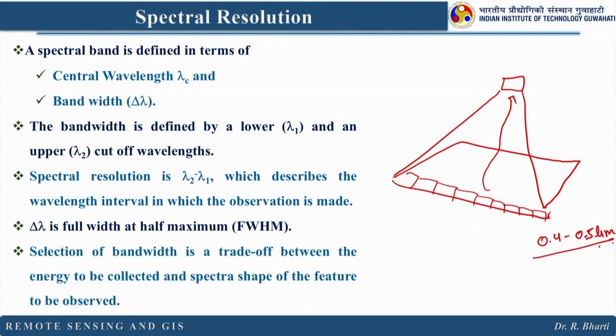If you talk about the lower wavelength range like visible, you have enough energy to be resolved by your space sensor, but when you talk about thermal remote sensing, your energy is very less. So, you need to increase the size of the ground pixels, or in other words, you have to increase this wavelength range, so that you will have enough energy to be recorded by your sensor.